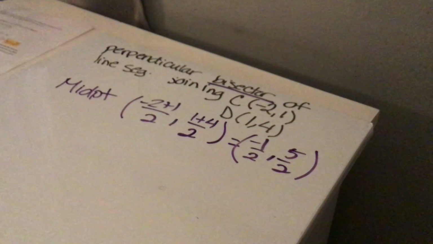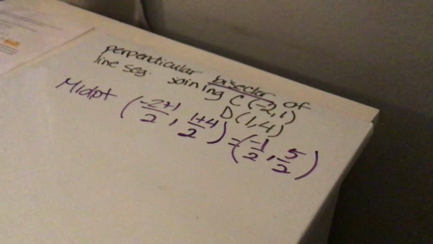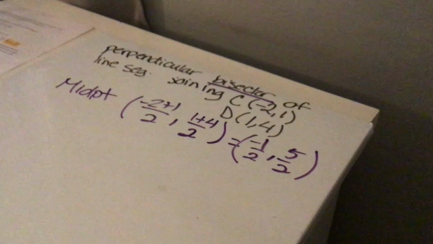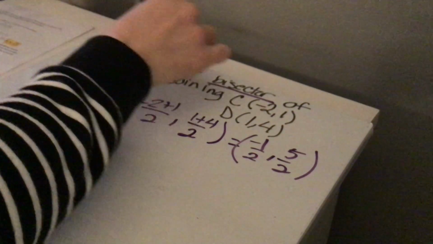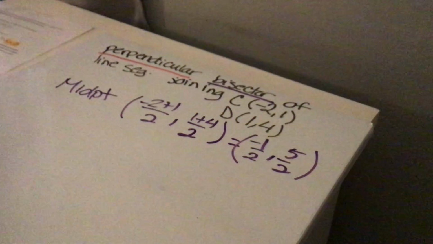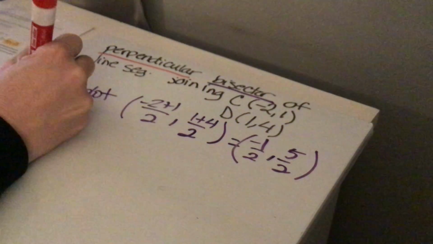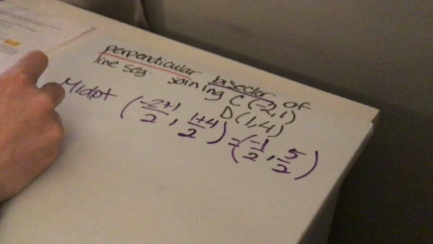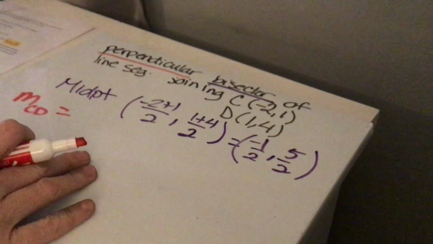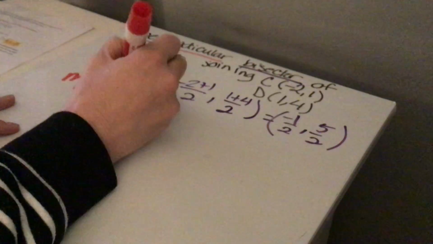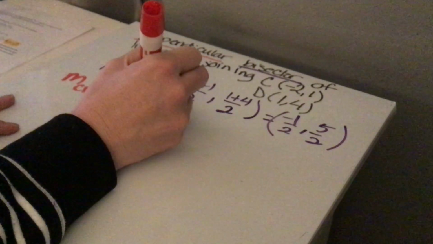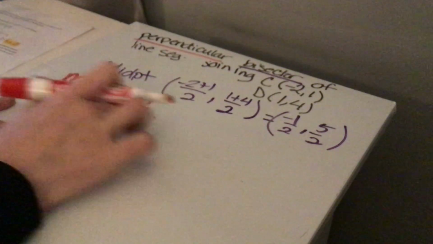Then you need the slope of your line. Perpendicular means opposite reciprocal slopes, so you have to find the slope of your given line, the slope of CD. Slope is rise over run, so change in y's over change in x's.